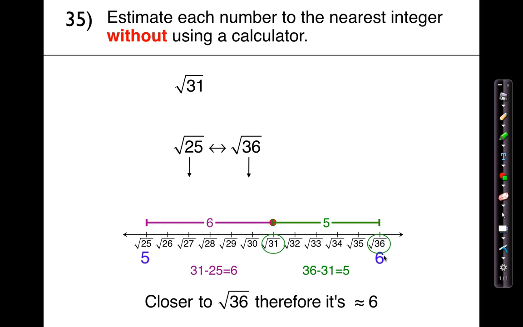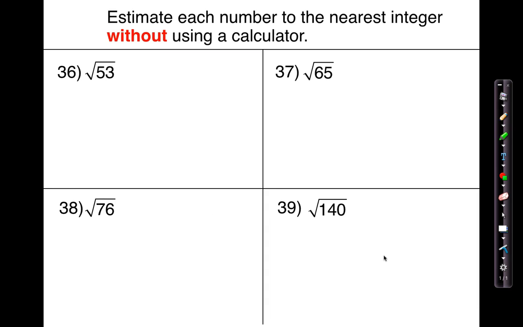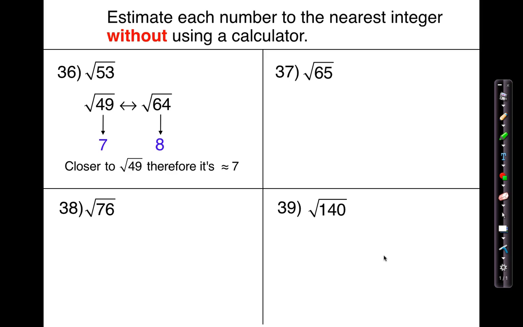So on that note, I would like you to go ahead and try the next 4 examples on your own. Okay, so let's see how well we did. Number 36 is going to be between 7 and 8. 53 is definitely closer to 7, so I'm going to say that it is approximately 7.